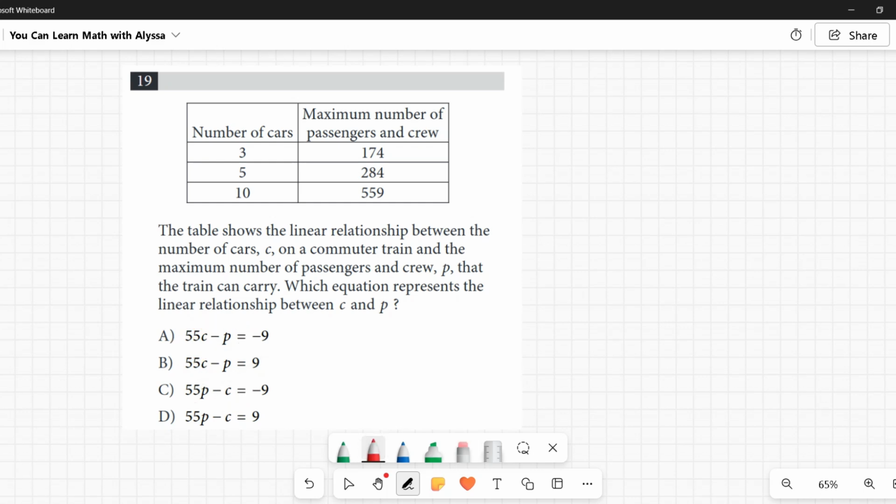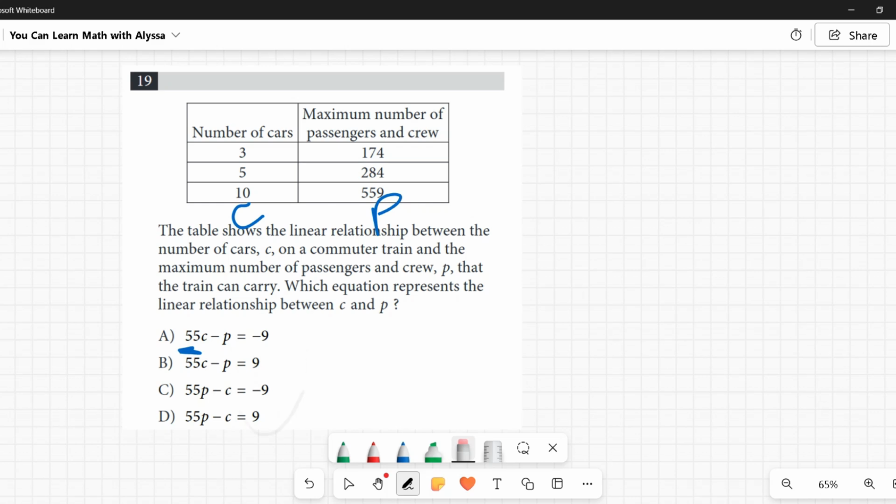Okay, so we could go through and plug these into each one of those equations and see which one works. I don't think you have to go that far because the number of cars is C, and the maximum number of passengers and crew, I should say, is P. So 55 is going to be multiplied by either C or P, and then the other number is subtracted, and we're going to get to either 9 or -9.